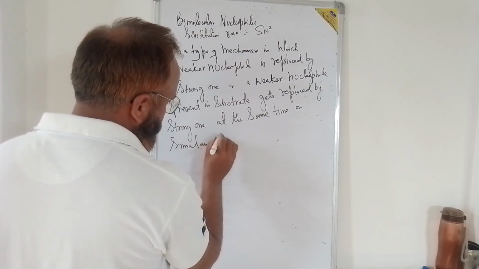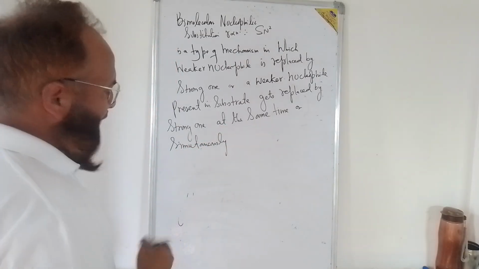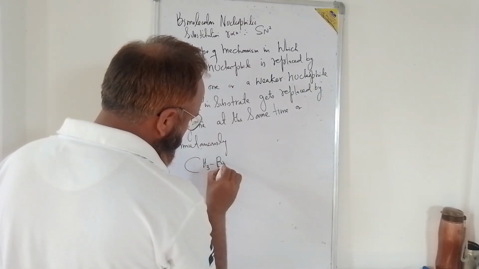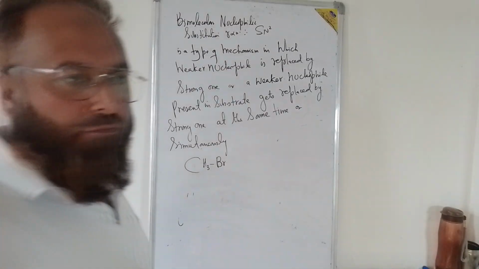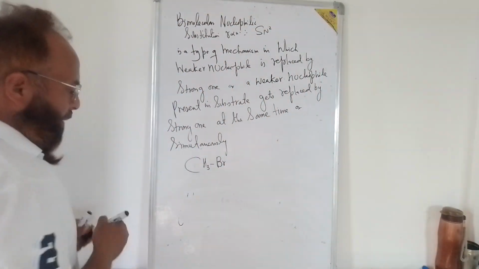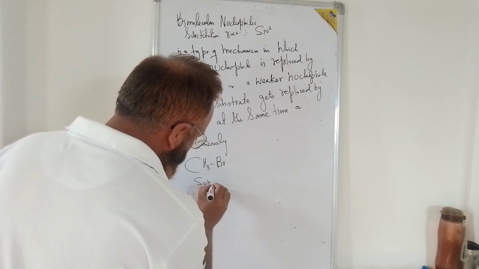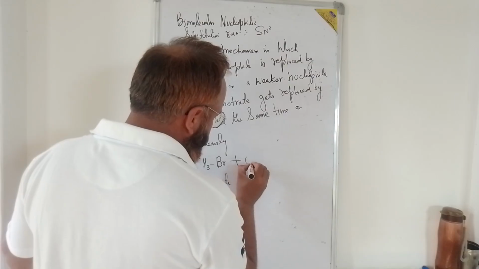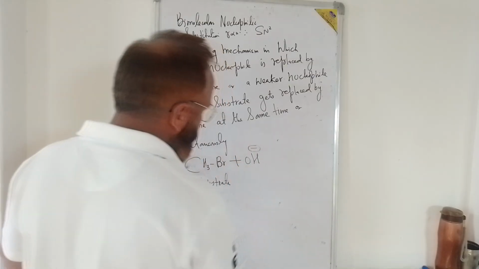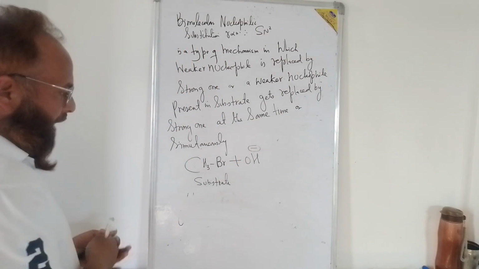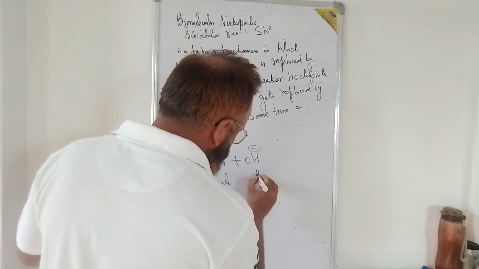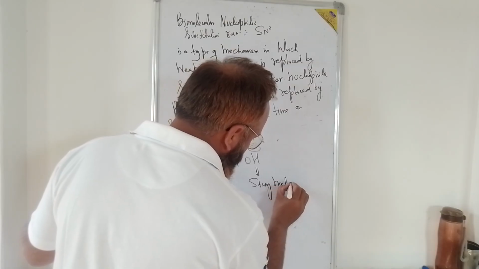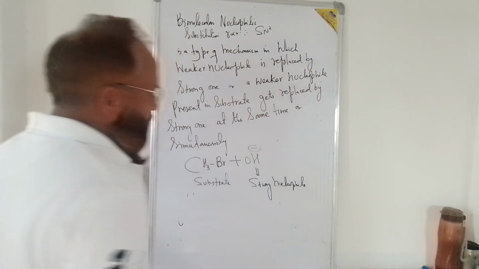That is, if I show here the example CH3Br, this is the substrate where the weaker nucleophile is present. Plus OH, that is the nucleophile, the strong nucleophile.